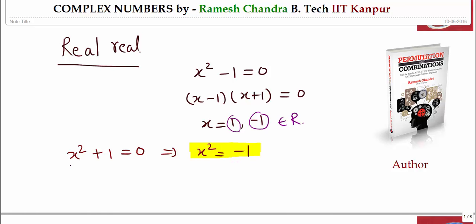Since this is a quadratic equation, it has 2 roots. So if there is no real number which satisfies x square equal to minus 1, then there must be some other kind of numbers.